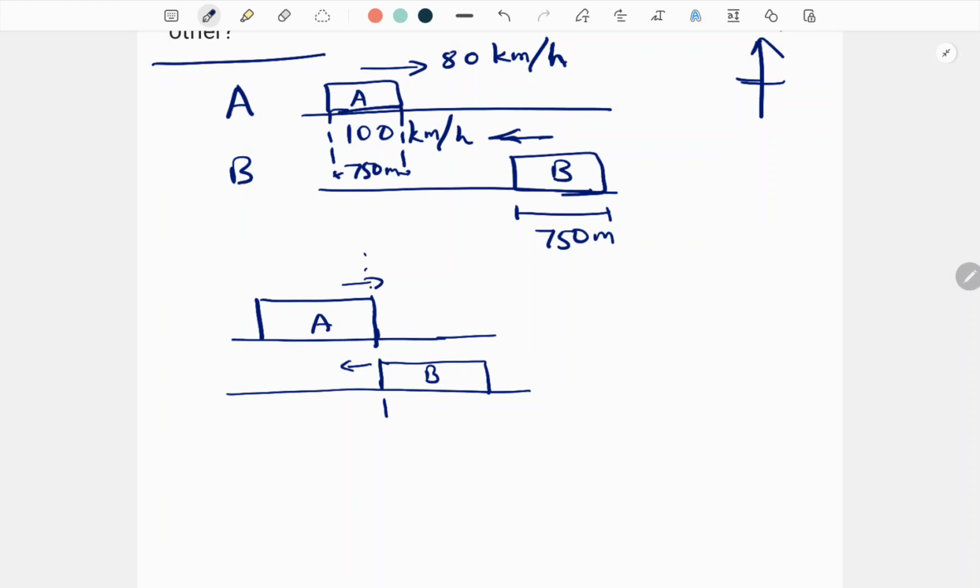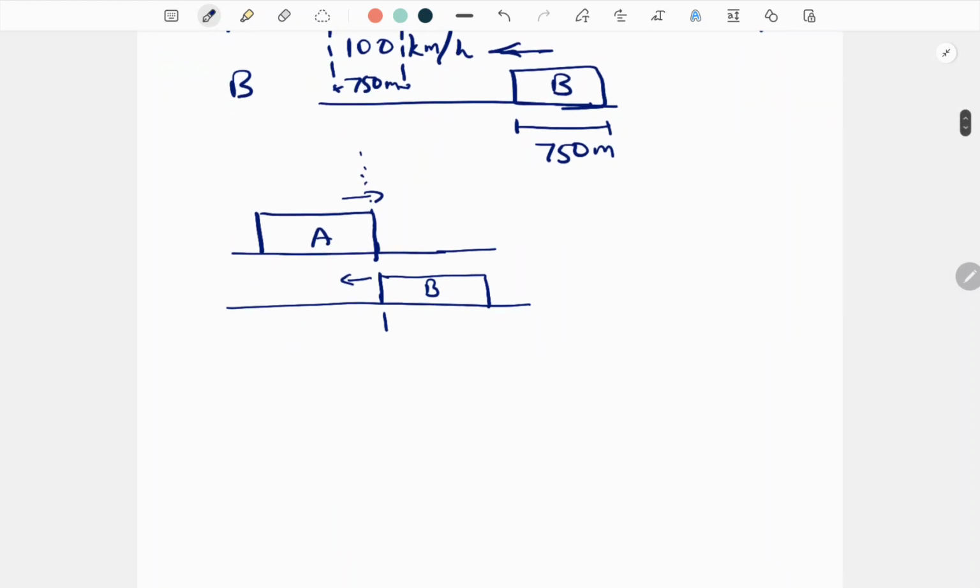So this is what they start off at. So our clock starts here. Let's call this time 0. This is the starting time where the fronts of the trains are almost at the same point, and they are about to cross each other.